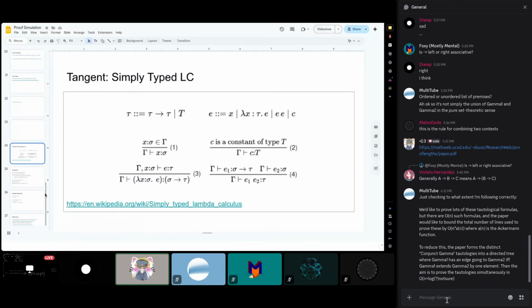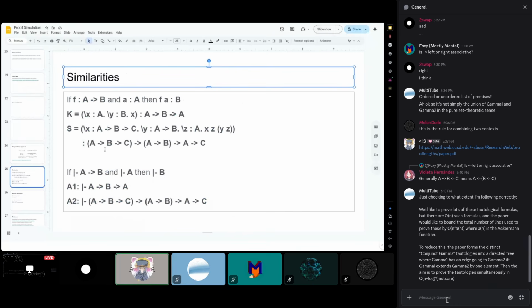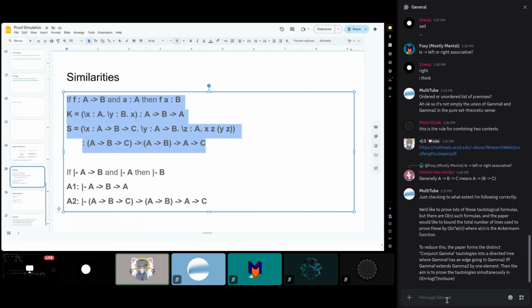I'm sure you're already familiar, so I'll skip that. Notice that a Hilbert style system has a bunch of similarities with the simply typed lambda calculus. For example, you can define this combinator K here, which has this type signature: a function from A to functions from B to A.